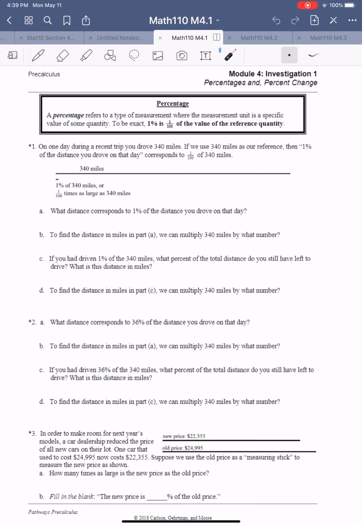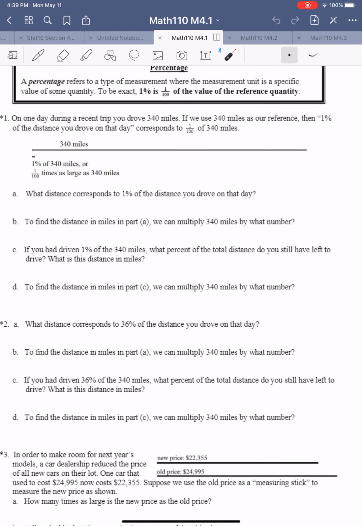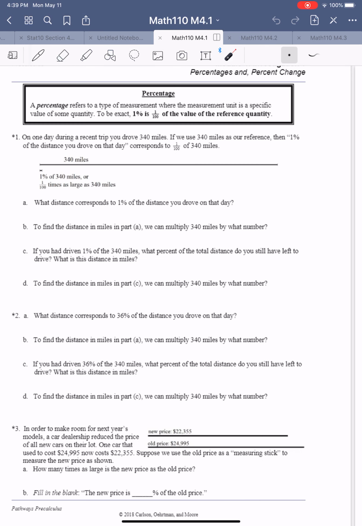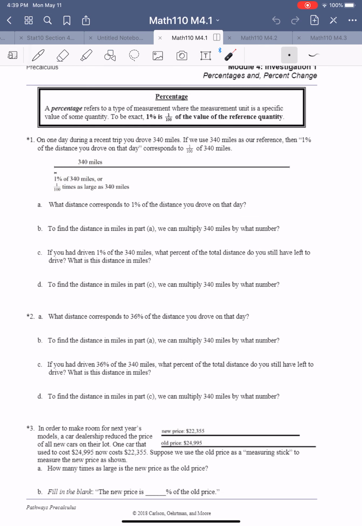So number one, in one day during a road trip, you drove 340 miles. If you use 340 miles as our reference, then 1% of the distance you drove that day corresponds to 1/100 of the 340 miles.